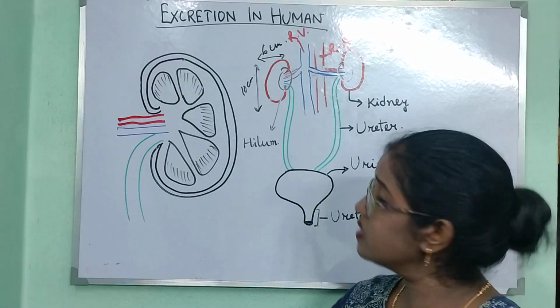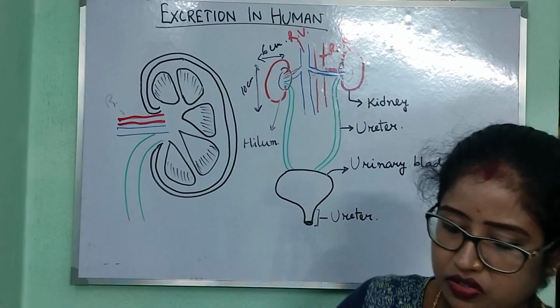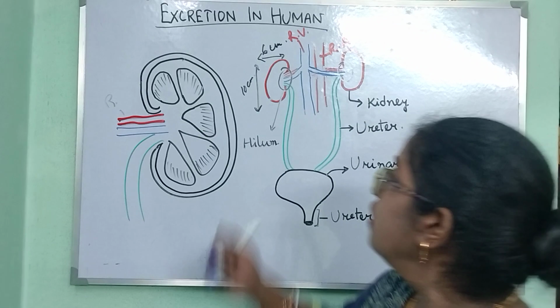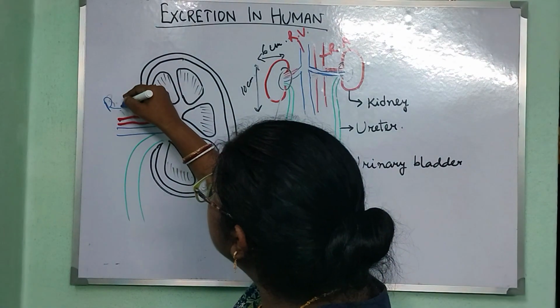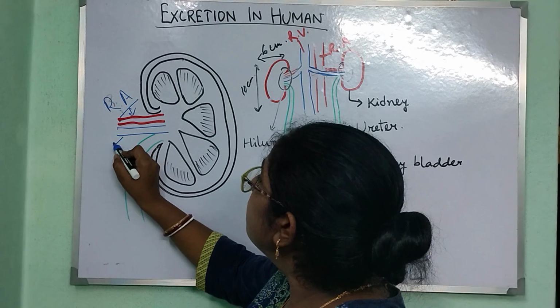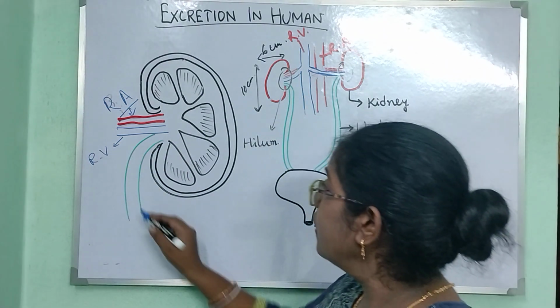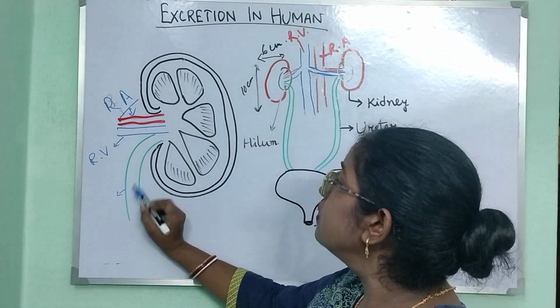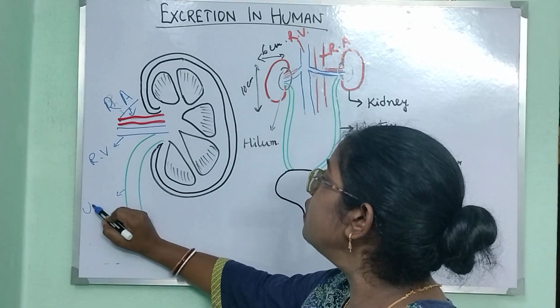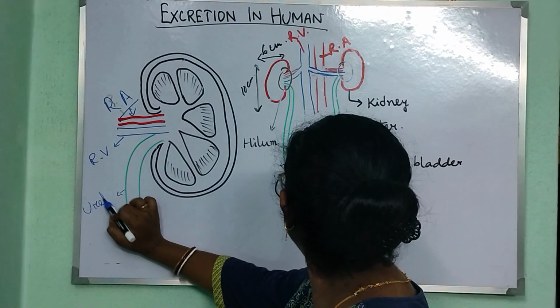So this is the renal artery. This blue one is the renal vein. This green pipe is actually the ureter.